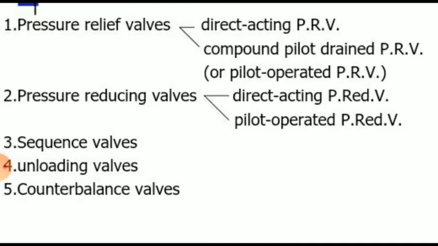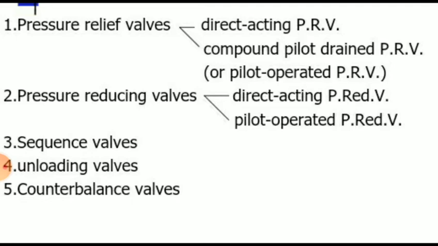First is the pressure relief valve. It is sub-classified as direct acting pressure relief valve and pilot operated pressure relief valve. The second category is the pressure reducing valve. It is again sub-classified as direct acting pressure reducing valve and pilot operated pressure reducing valve. Third are sequence valves, unloading valves, and counterbalance valves.